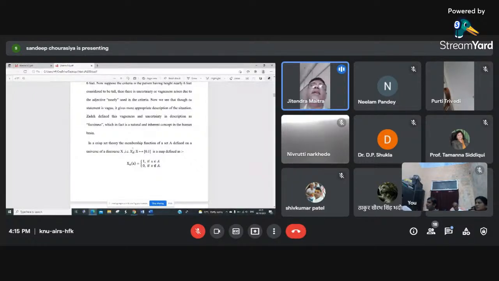Suppose I take another characteristic function which maps the element 4 to 1 and the element 5 to 1, and the rest of the elements to 0. Then what is our set? The set characterized by this characteristic function simply consists of two elements, 4 and 5. So by the characteristic function we can characterize the set.